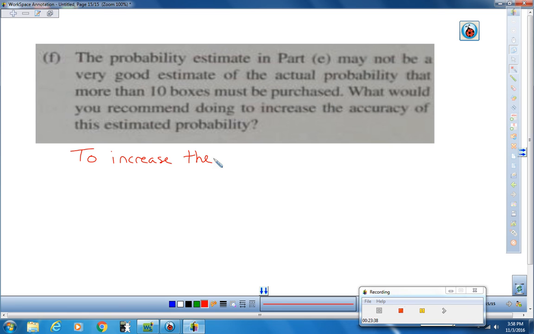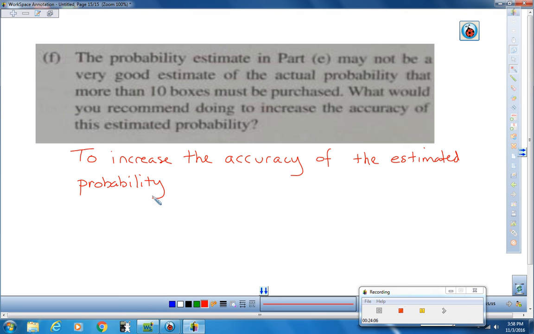And there's this silly thing that College Board likes seeing, which is kind of restating their words. So to increase the accuracy, because they said it in that sentence, I should say it. So to increase the accuracy of the estimated probability, and this also puts it in context, which I never really liked, but if we know that they're asking for it, we might as well do it.